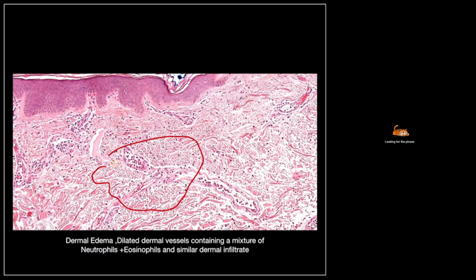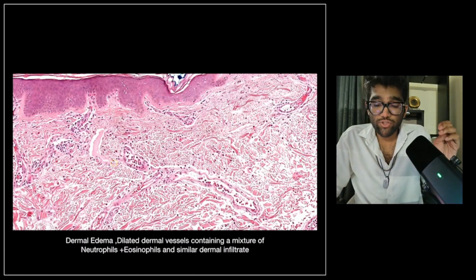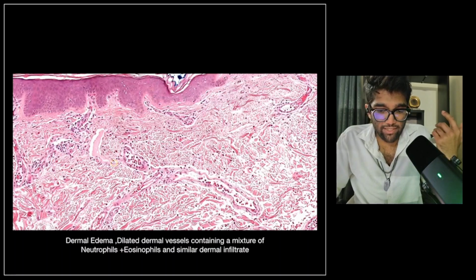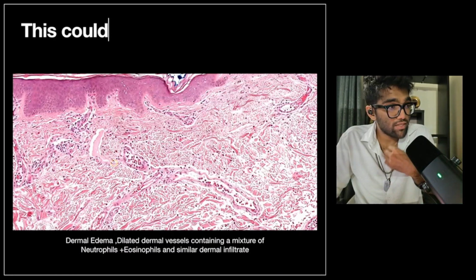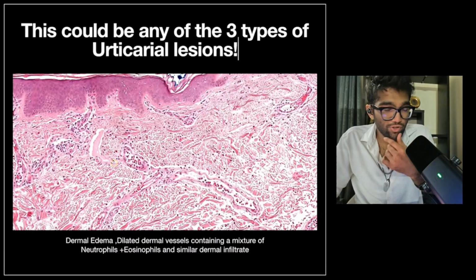And within the blood vessels as well as outside of the blood vessels to some extent, there are some infiltrating cells. Now, it's not very clear what cells they are, but some of the cells are very orange, so they're likely eosinophils. However, the issue is that essentially any of the three pathologies that I've just described could recapitulate this kind of histological appearance almost exactly.